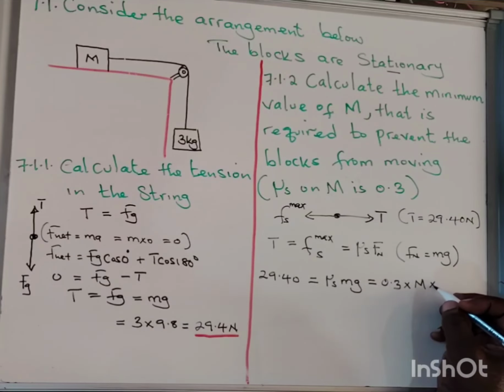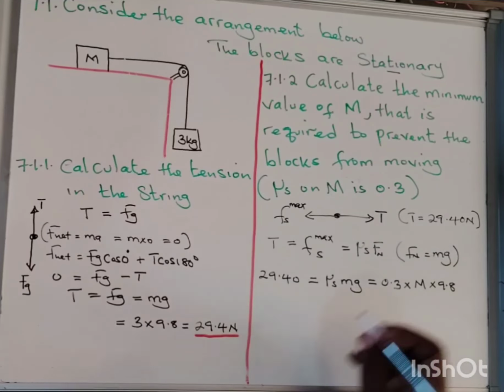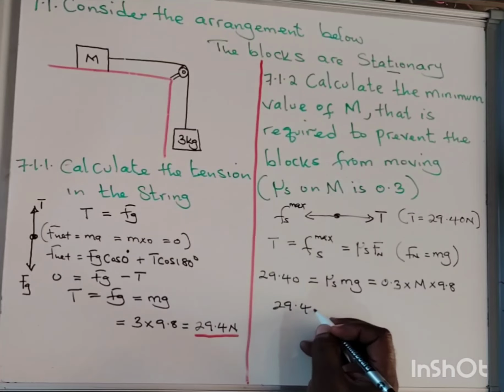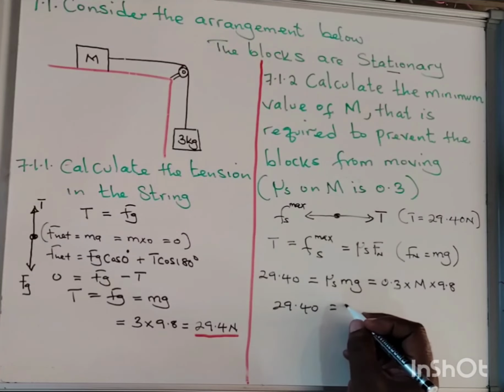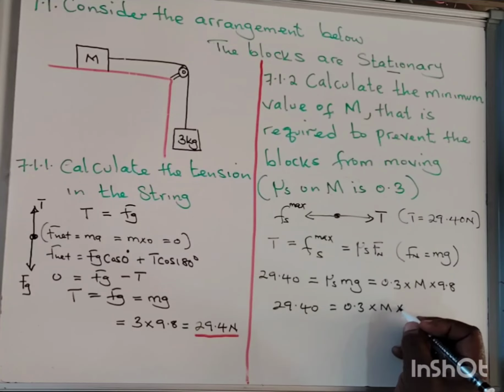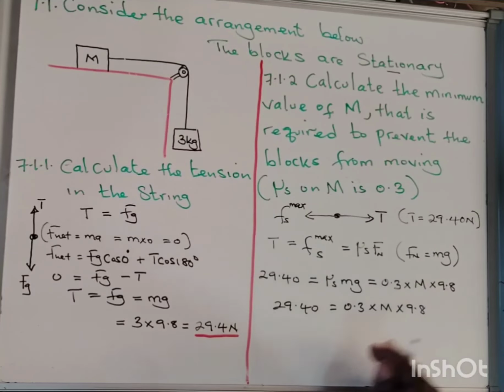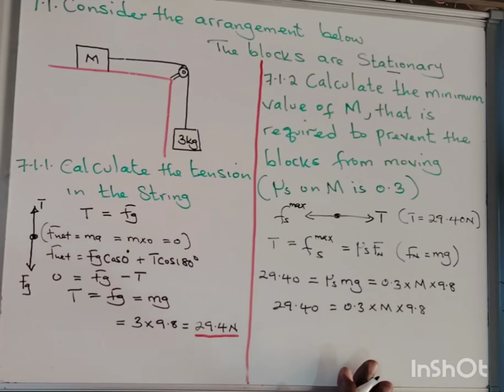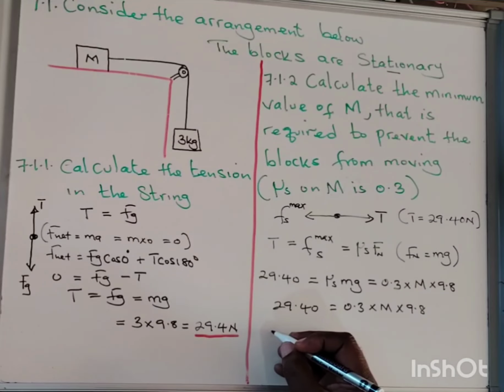and g is 9.8. So altogether, we are having 29.40 equals 0.3 times m times 9.8. When you look at this expression, the only unknown is m, which we can get. Let us now rearrange and make m the subject.